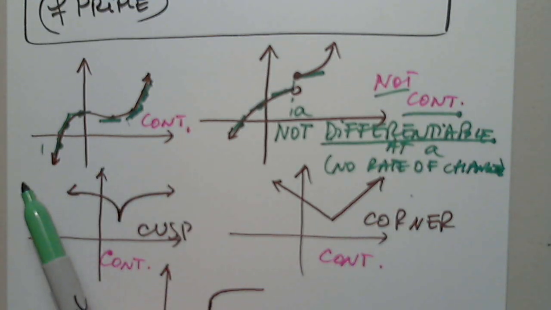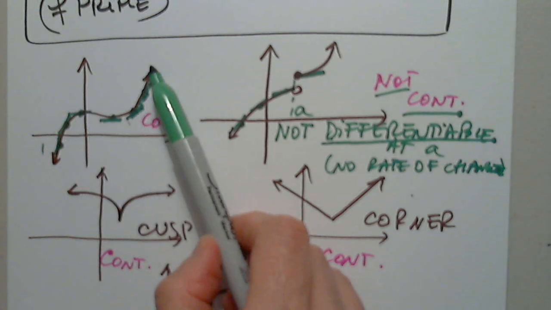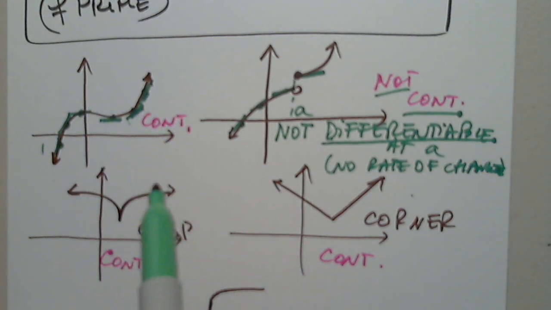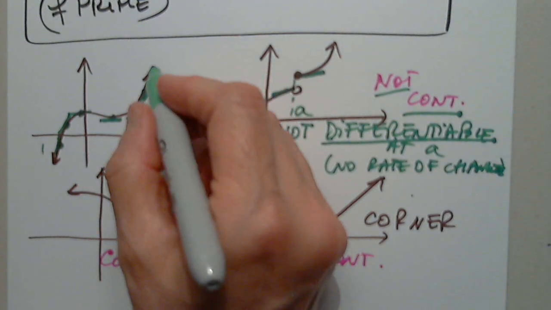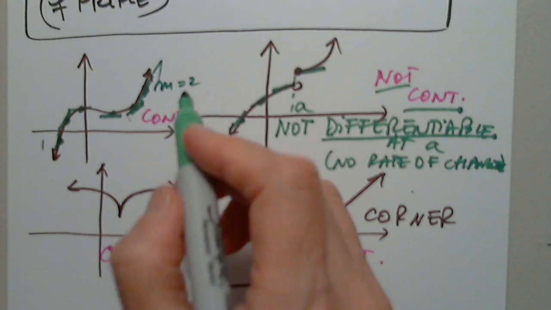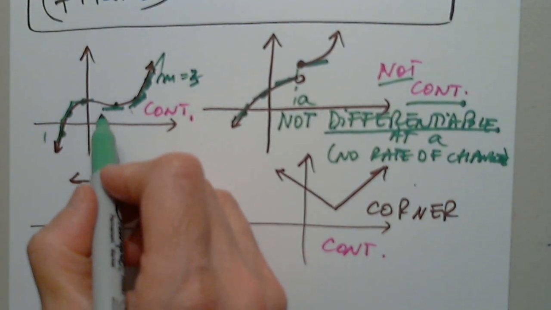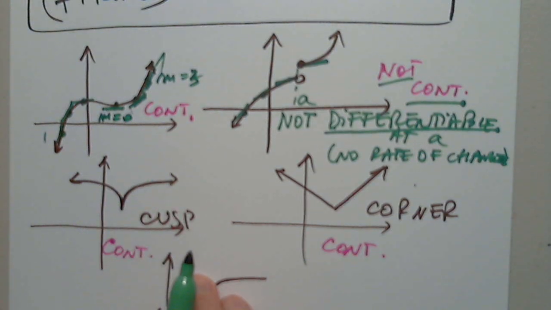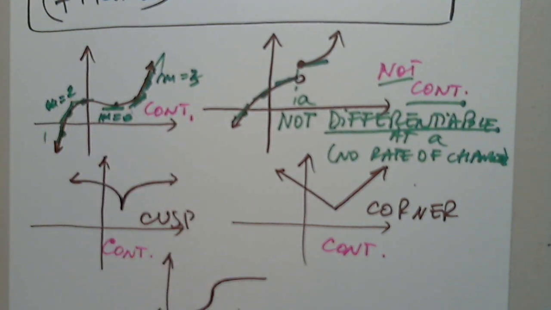This one is differentiable everywhere. At any point on the graph, you can ask me, find the slope here of the tangent. And I'll say, yeah, I think it's about 2 or maybe 3. Here, I'm going to say the slope is 0. Here the slope is 2.